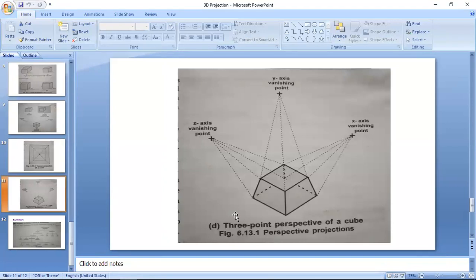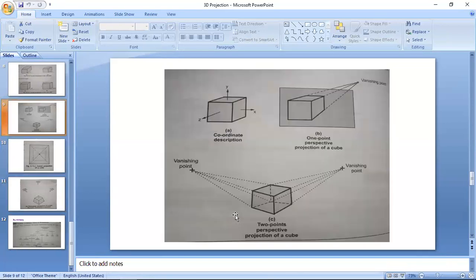Second point is, in the previous diagram only, you can see at below the diagram of 2 point perspective, in which two surfaces of the object having vanishing point. Okay, in case of cube, this is achieved if the object is rotated along y-axis, so that the lines along that axis remain parallel to the viewing plane, but those along the two other axes have the vanishing point.